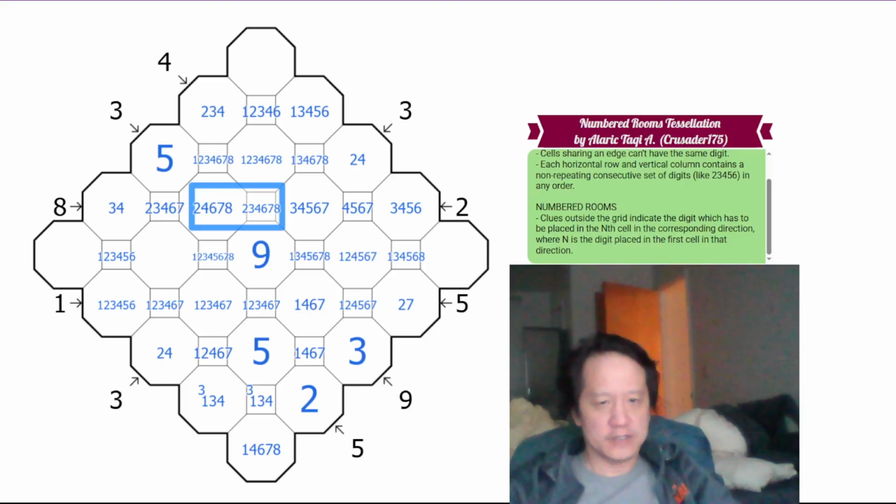So one of these is an 8, which means this cannot be 8 because it shares an edge with both of those cells.